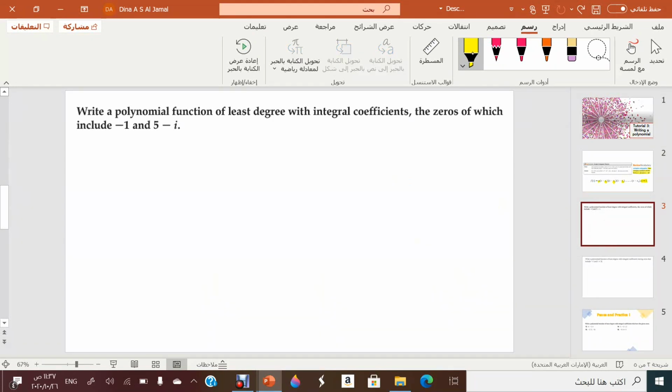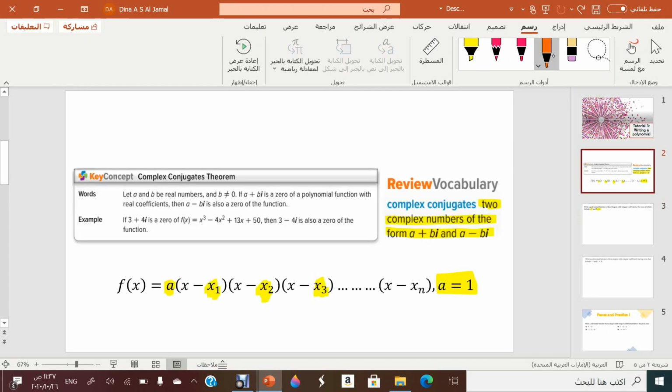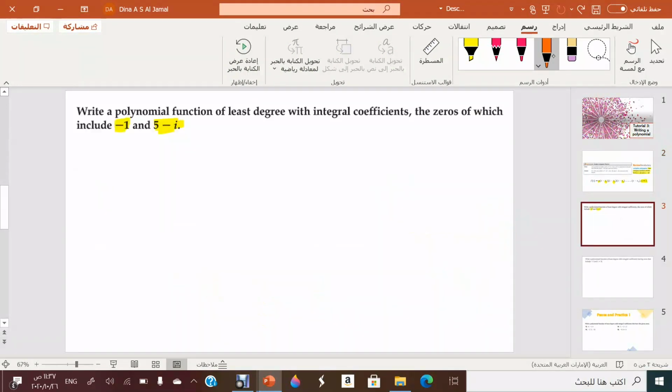Write a polynomial function of the least degree with the given zeros. In the question, it only gave you 2 zeros. But we know the complex conjugate theorem, so I don't only have these, I also have the complex conjugate of x2, which is x3, as 5 plus i.